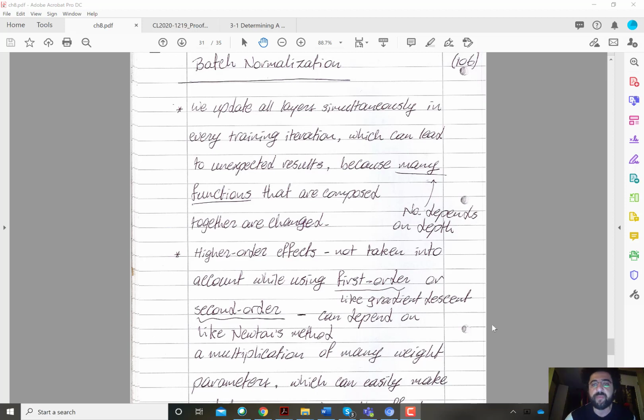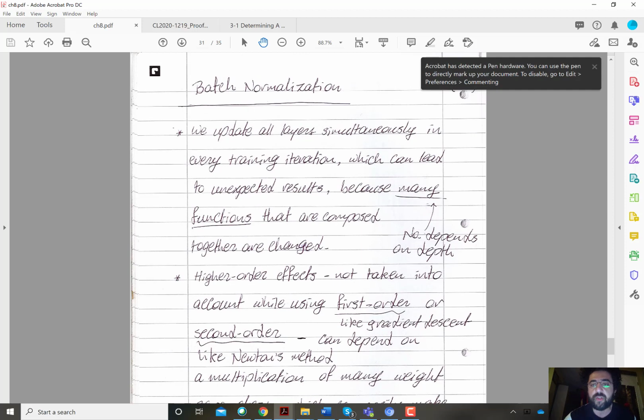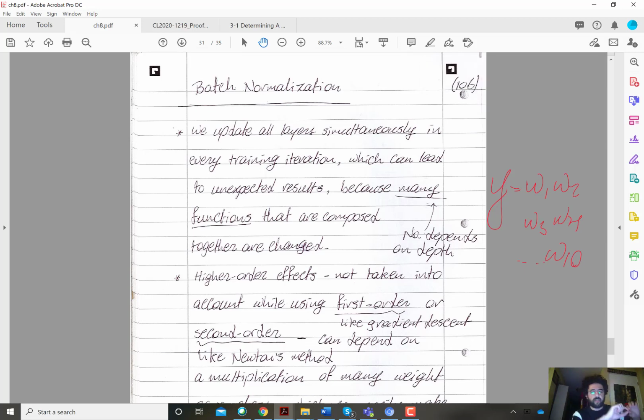For example, if I have a single output y, and y equals w1 times w2 times w3 times w4 and so on up to w10, where w1 up to w10 are weight parameters in different layers. So think of this as a network that's a line.